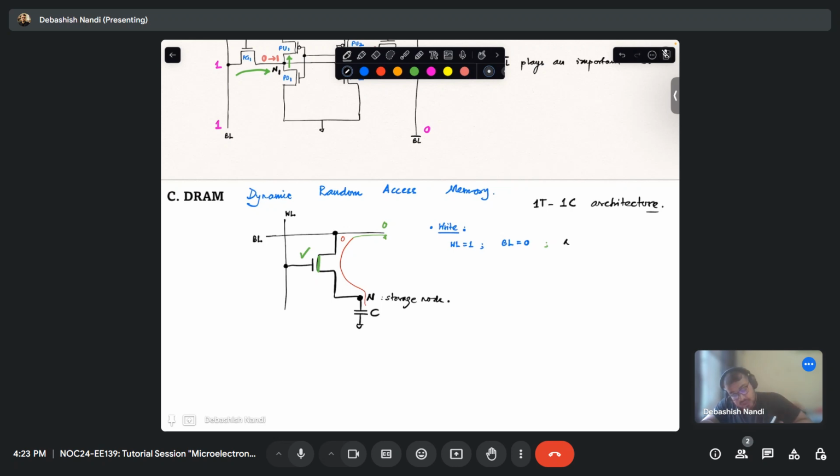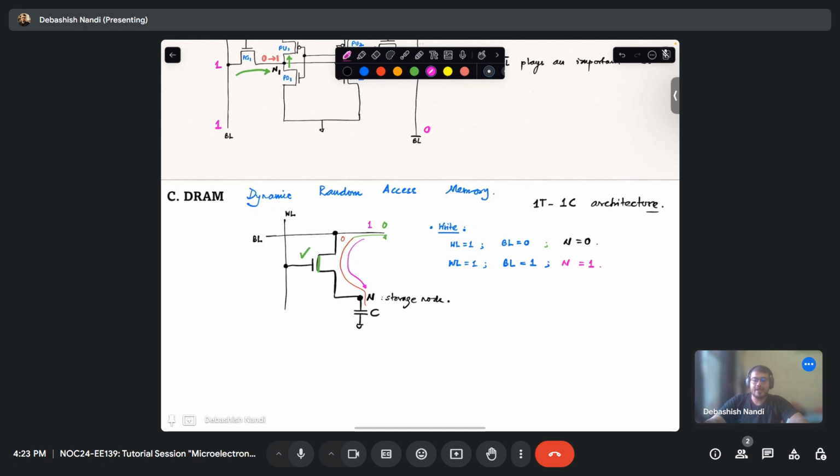Okay, so N will be 0. Now if your word line is 1 and your bit line is 1, so obviously the reverse thing will happen. If bit line is 1, it will charge the capacitance and your potential at N becomes 1.